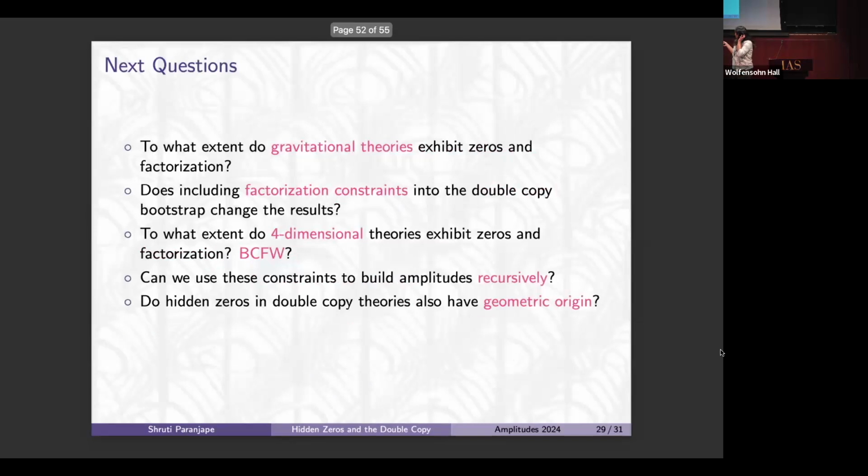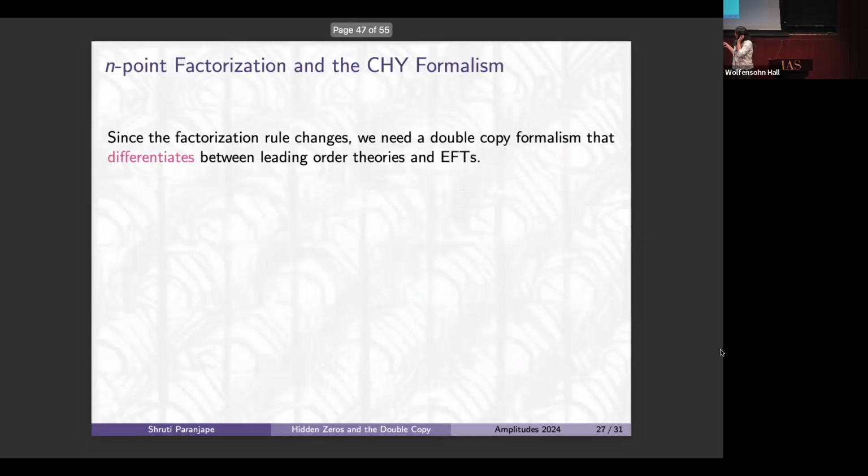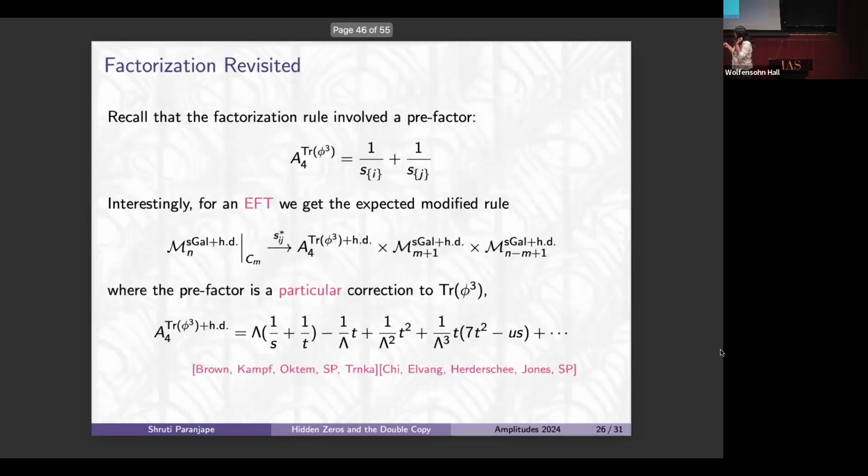Yeah, so when you do this, you could instead do what Carolina is saying, and look at factorization not into even times even, but odd times odd. In which case you get these mixed amplitudes. So if this was not a special Galilean, but the NLSM instead, then you get NLSM plus phi cubed.